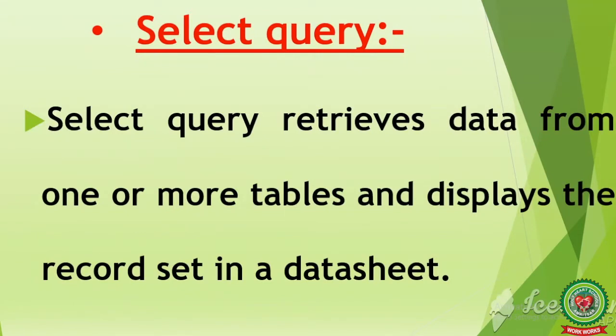A select query retrieves data from one or more tables, means you can fetch the data from one or more tables and display the record set in a datasheet. You can also use a select query to group data and to calculate the sum, count, average, and other types of totals.